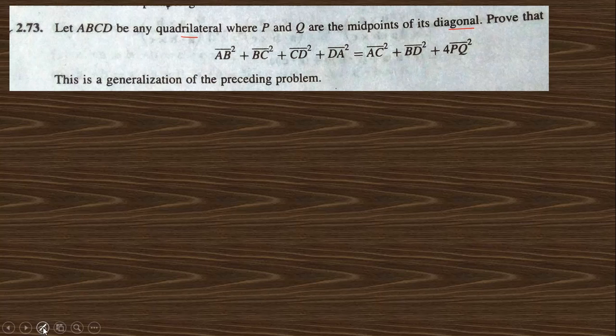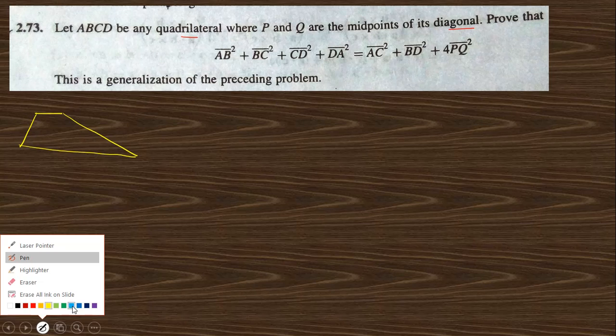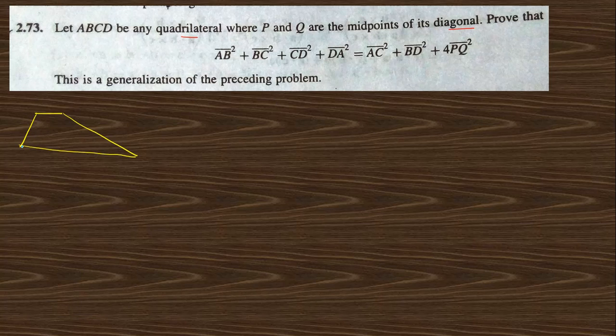Let's draw a quadrilateral like that, with unequal sides. Draw the two diagonals, and mark the midpoint of each.